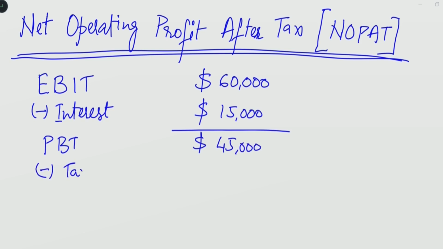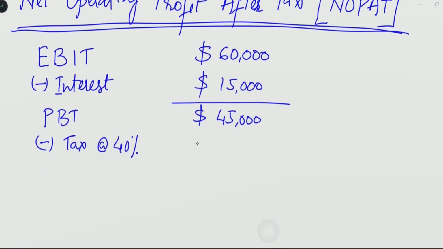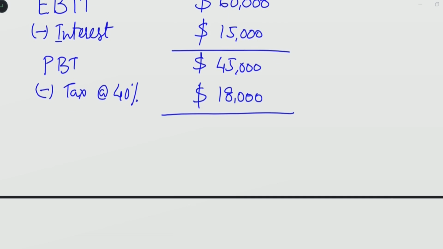Less tax at 40%. 40% of $45,000, it will be what? $18,000. And for the last remainder, that will be profit after tax, it will be $27,000.